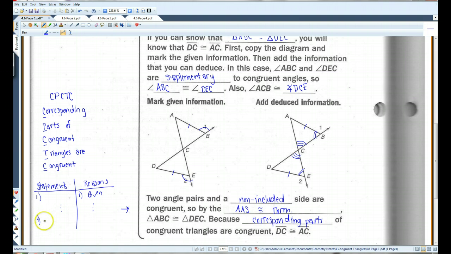You would say these two triangles are congruent by AAS congruence. After you prove these triangles are congruent, then you can say DC is congruent to AC. Why? CPCTC. You can just use this as a reason. Okay? So here's an example.